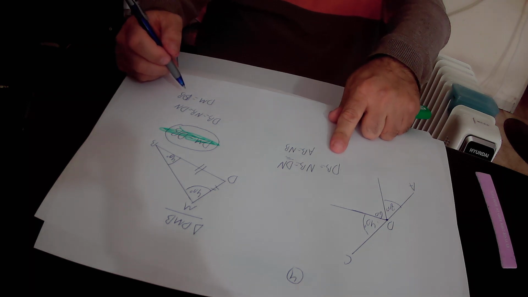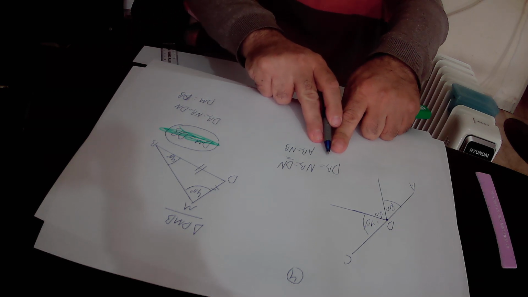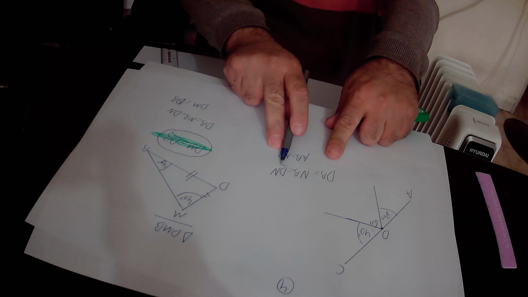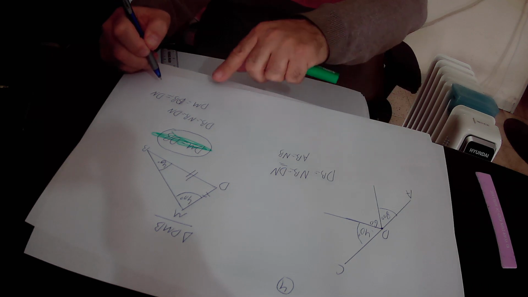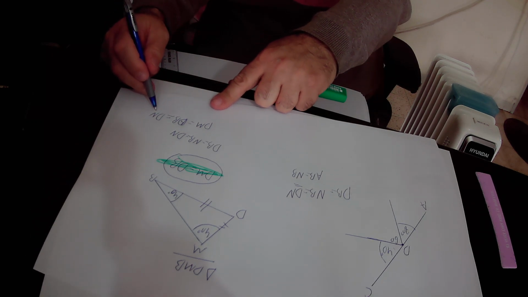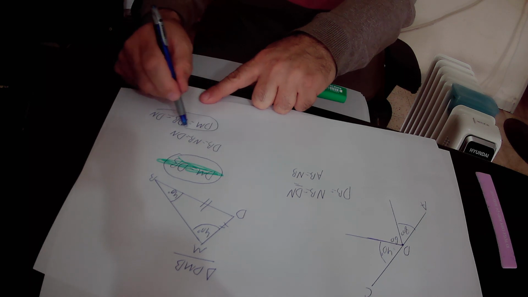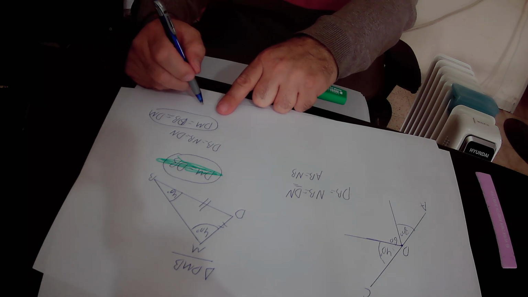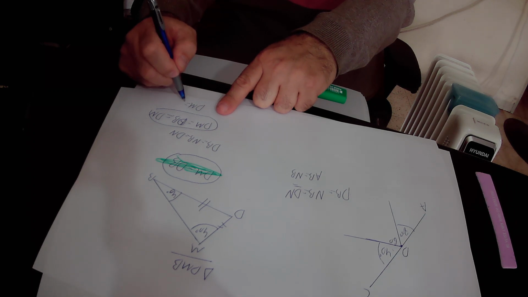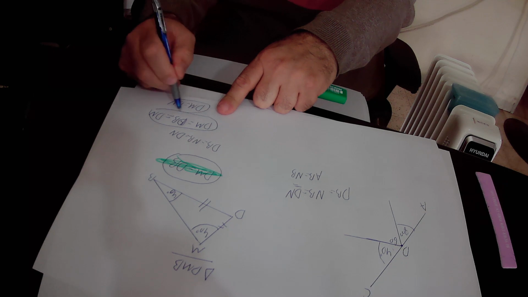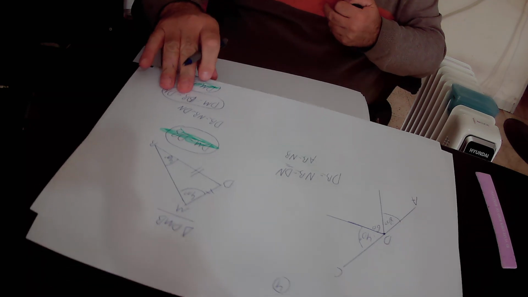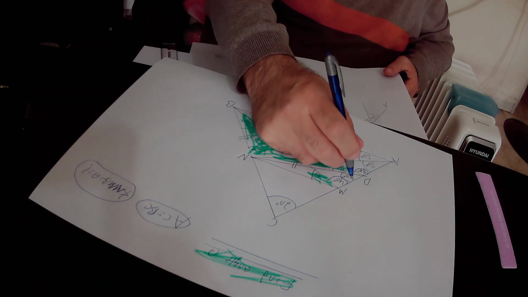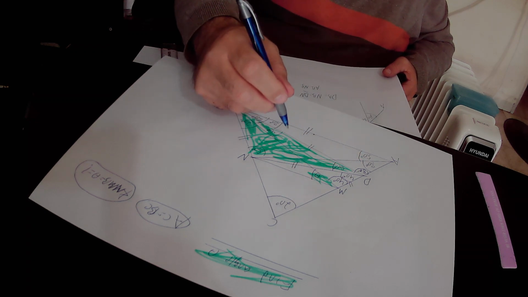And from the other side, DB equals DN. So from this equation, we will derive that DM equals DN.